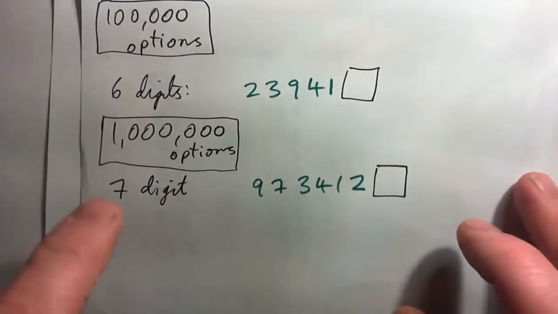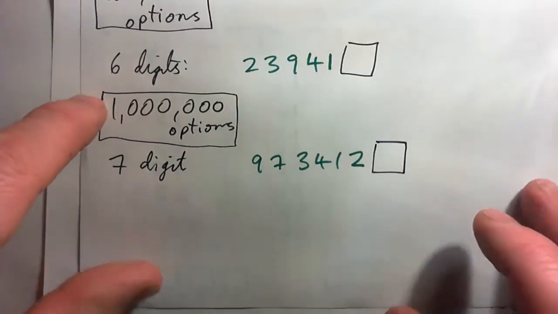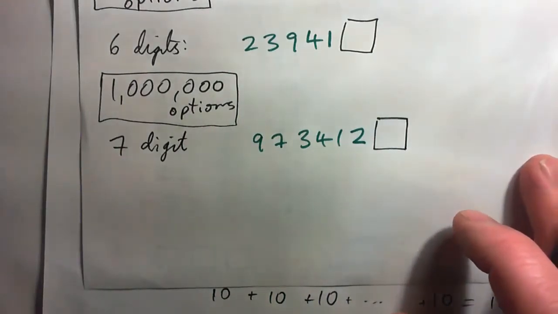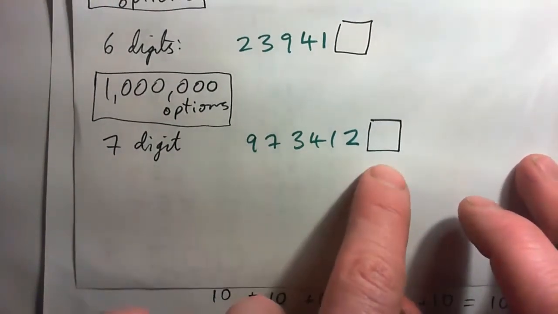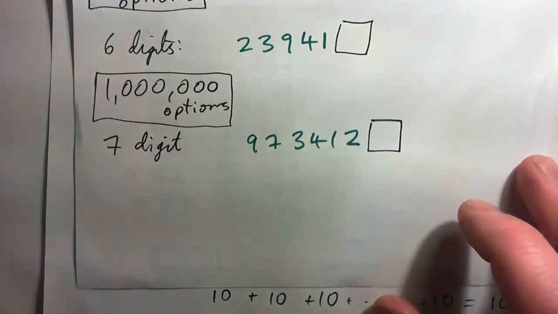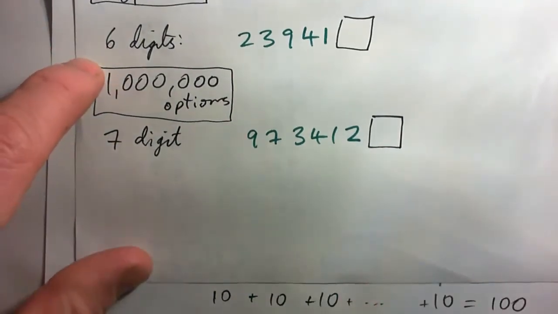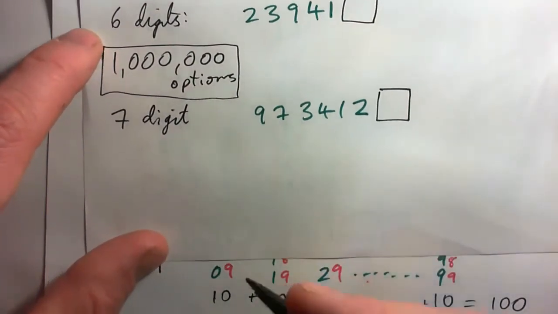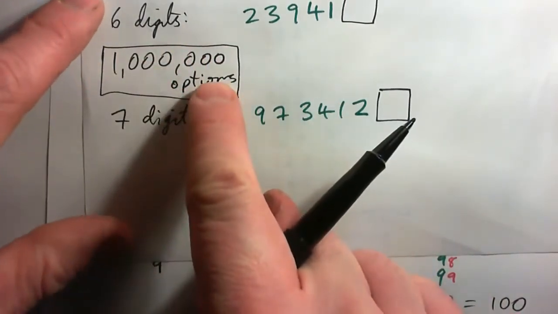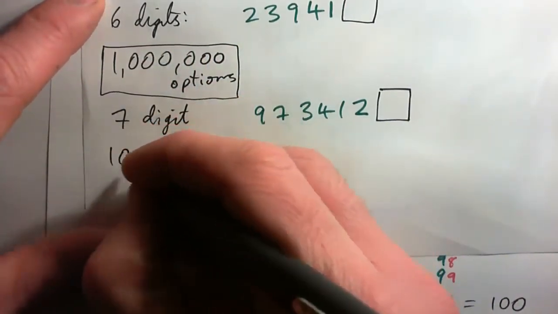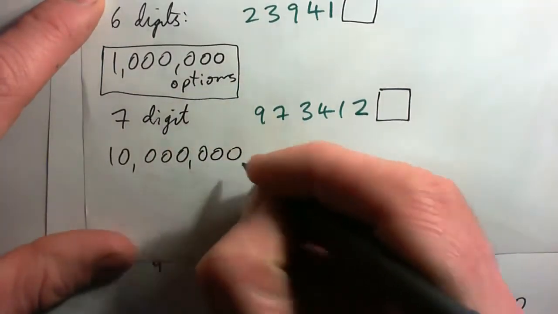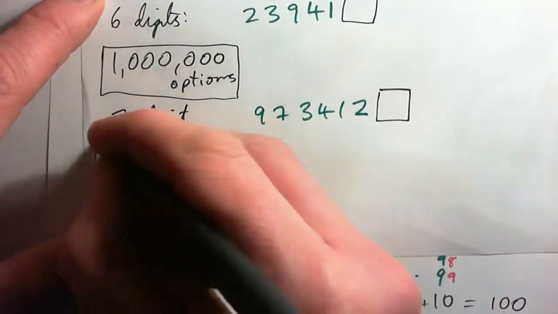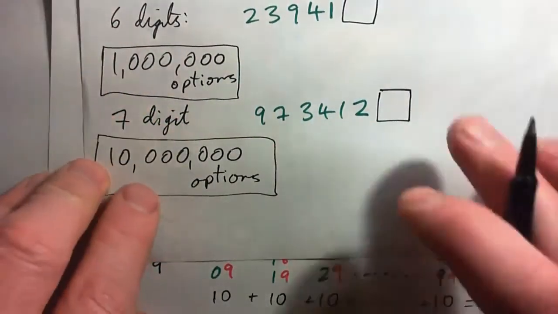Add it on, and now for every one of the million possible 6-digit sequences, we can get 10 new 7-digit numbers. So we can take any one of those million 6-digit options, add on a digit, and now that is 10 new ones, so 10 million possibilities here, or options, or numbers, whatever you want to call it.